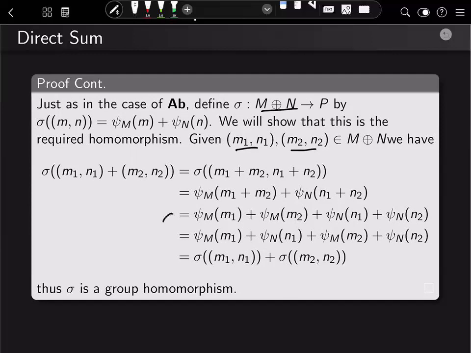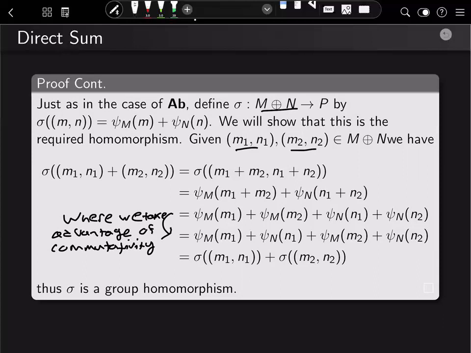Now, from this step to this step, this is where we take advantage of commutativity, where we can swap the summands around.